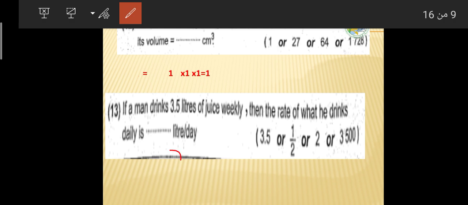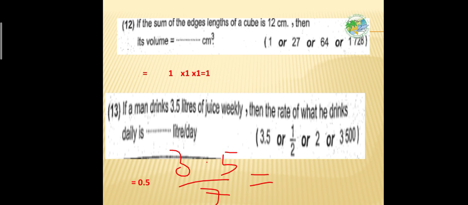Then if you want to find the rate, it compares between two different units. We divide 3.5 divide by 7, weekly 7 days, of course equal what? 0.5 or 1 over 2. Fine.